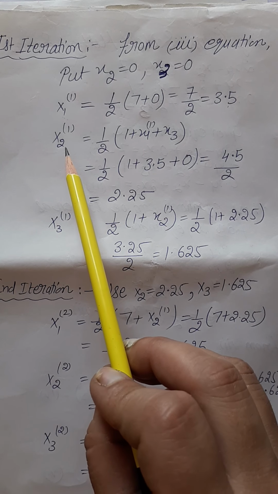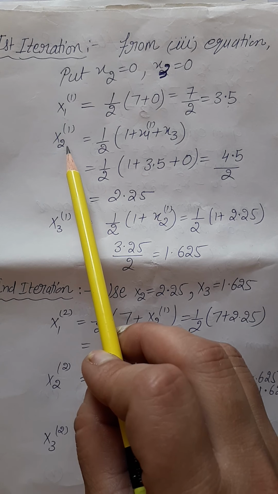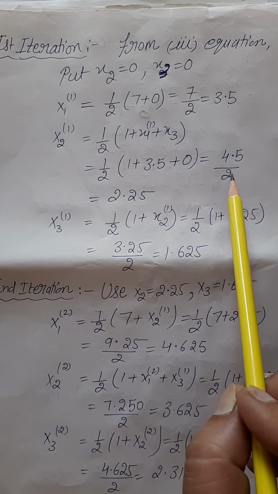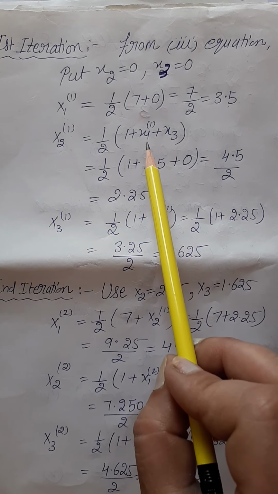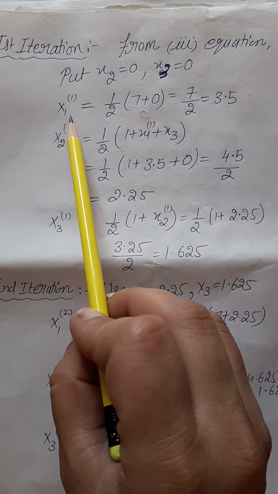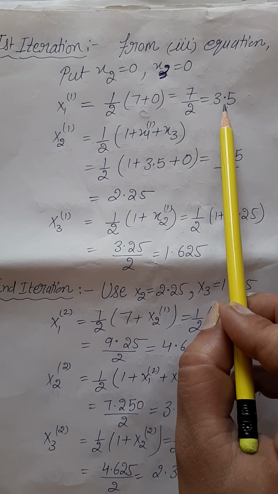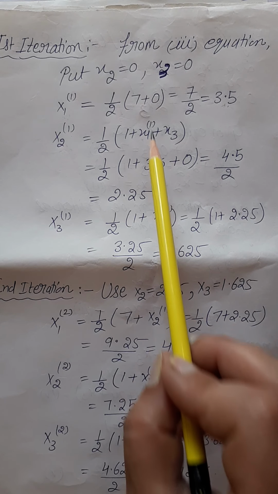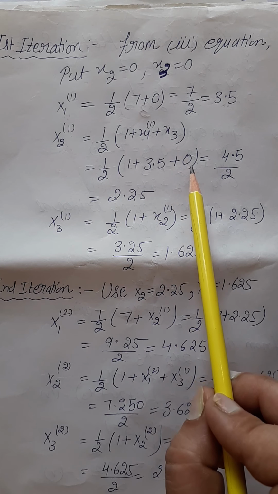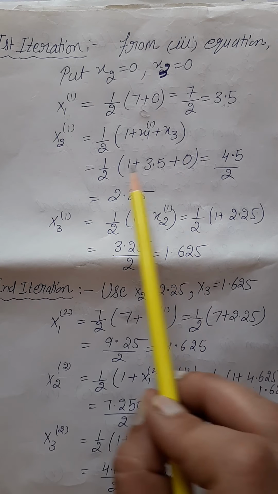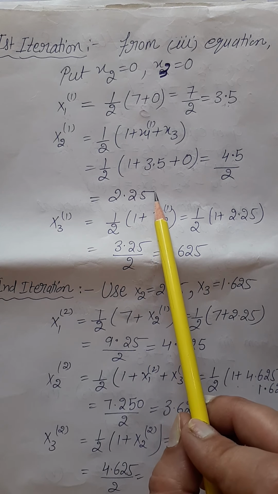Now in the same way, from equation fourth, we get x2 to the power 1, and we put the value of x1. You can see the value of x1 is equal to 3.5. We put this value in our next equation, and we put the value of x3 equal to 0. By solving it, we get 2.25.